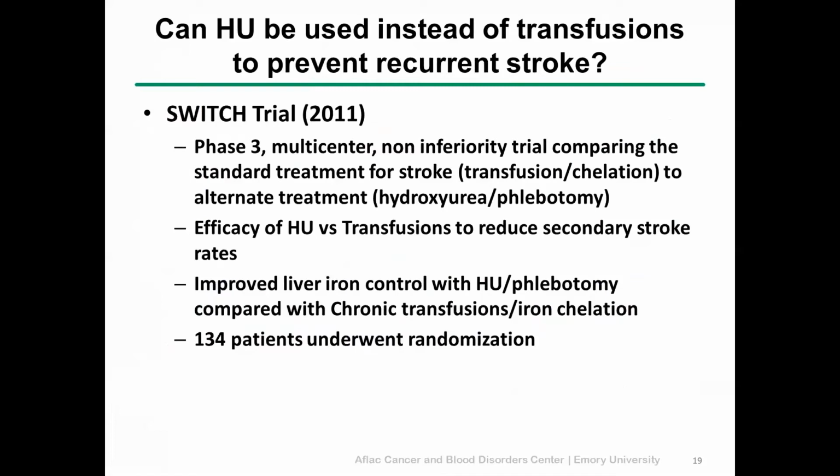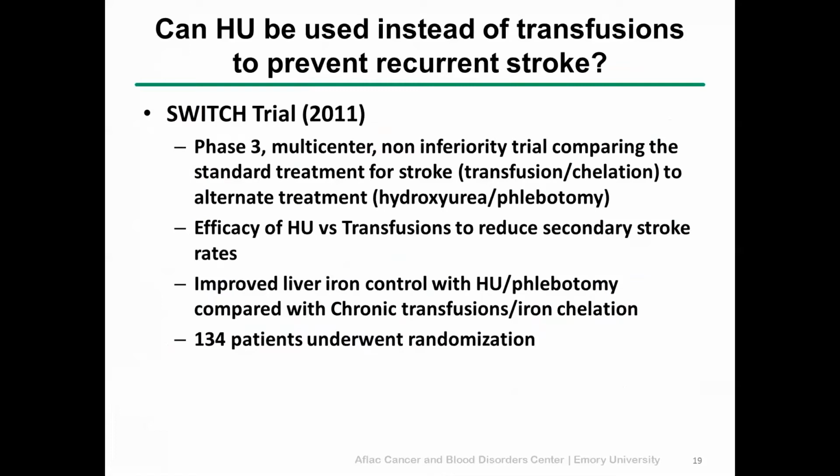And the treatment that we have used for decades now to try to help prevent that second stroke is chronic blood transfusions, in other words, blood transfusions usually on about a monthly basis. So the question being asked is, could kids who had a first stroke and had been on transfusions for a few years, if they were doing well, be safely switched from transfusions to treatment with hydroxyurea?